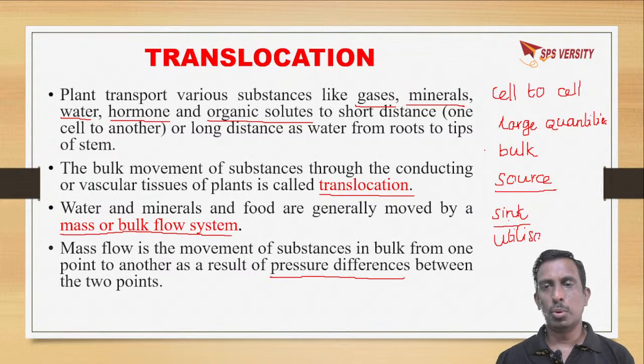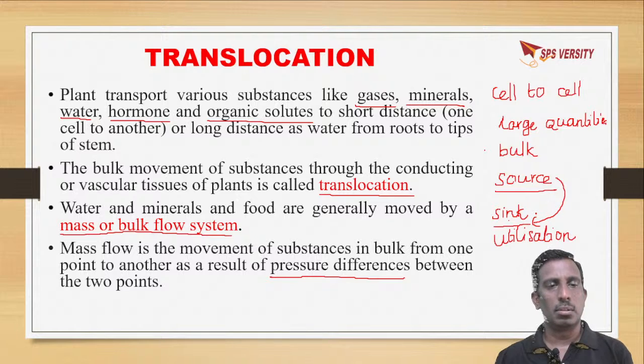Between these two points there is a difference in the pressure, or it may be a difference in the concentration. Then only can the substances move from source to sink. Otherwise it's not possible.